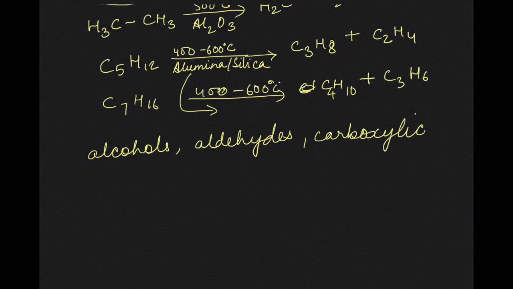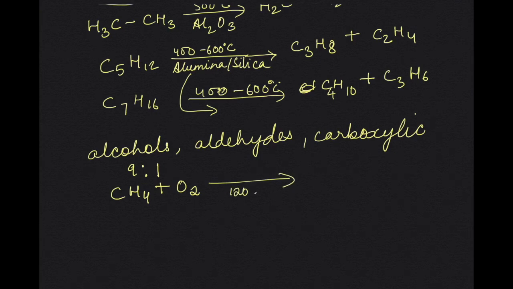When we take a mixture of methane and oxygen in the ratio 9:1 by volume, and we compress it to 120 atmosphere pressure, and then it is passed over copper tubes at 475 Kelvin. So these are the conditions. What do we get? We get methyl alcohol, 2 molecules of methyl alcohol.